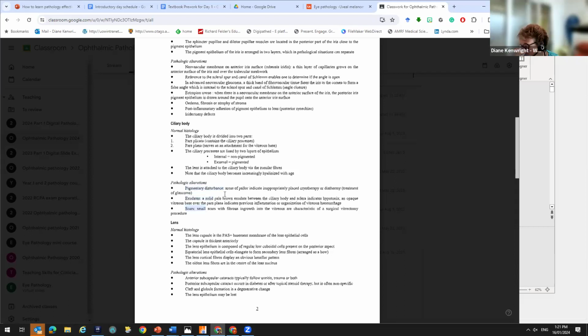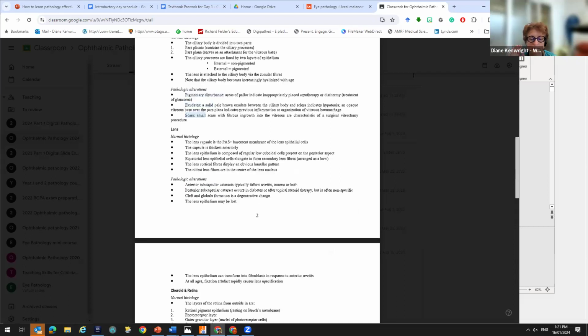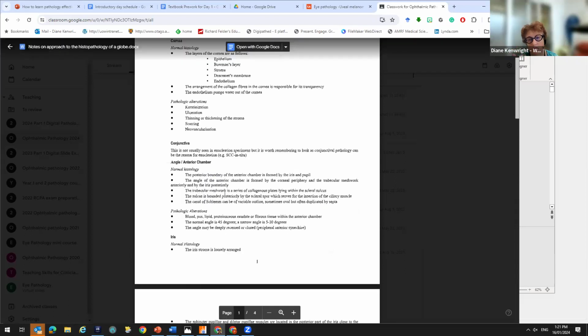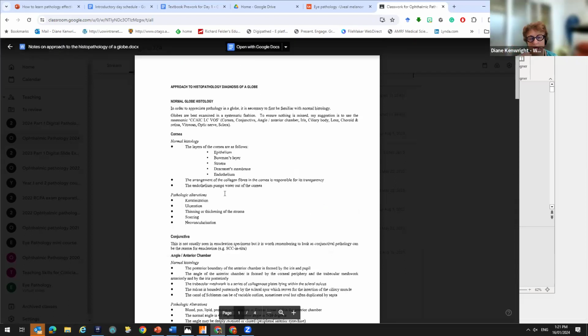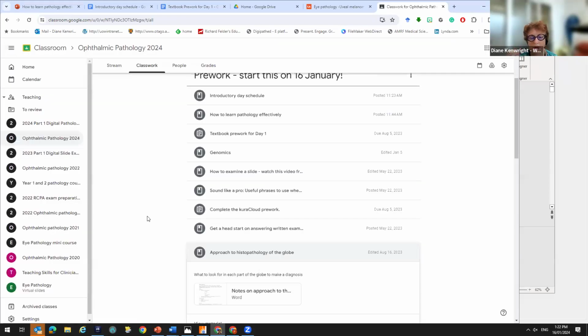So it's about what to look for positively in each part of the globe when you're examining it, trying to find out what the pathology is. It will be useful to become familiar with this, but not memorize it, because this is how we will teach you to apply it when you come and join us in a month.